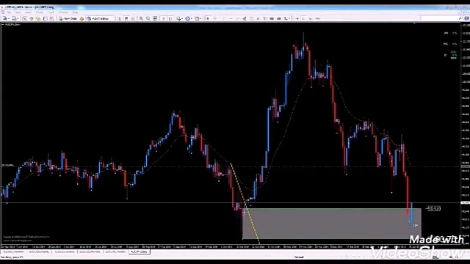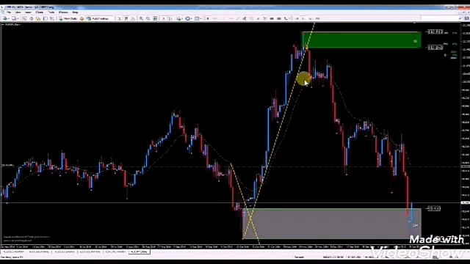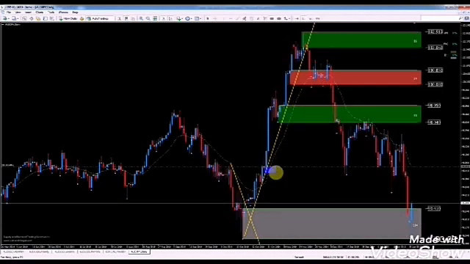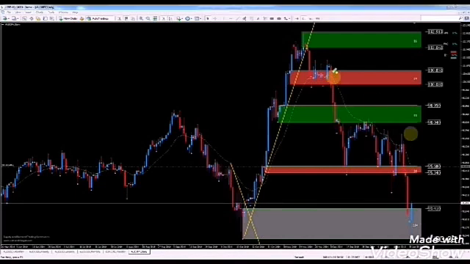Yes. So here we've got that trend line. We have also this area of supply, and then we've got demand, okay, and demand, and demand. So this area of supply here took out this area of demand, but also broke the trend line.